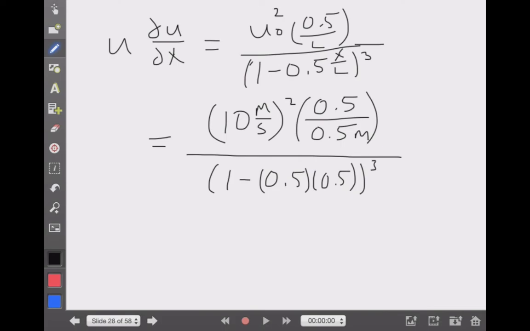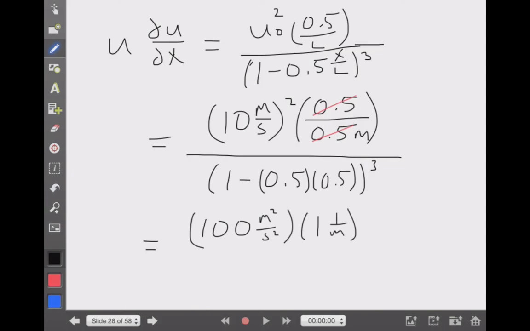Our units are working out nicely because we have 100, that's 10 times 10. This term is 100 meters squared over seconds squared, and we're left with 1 over meters.